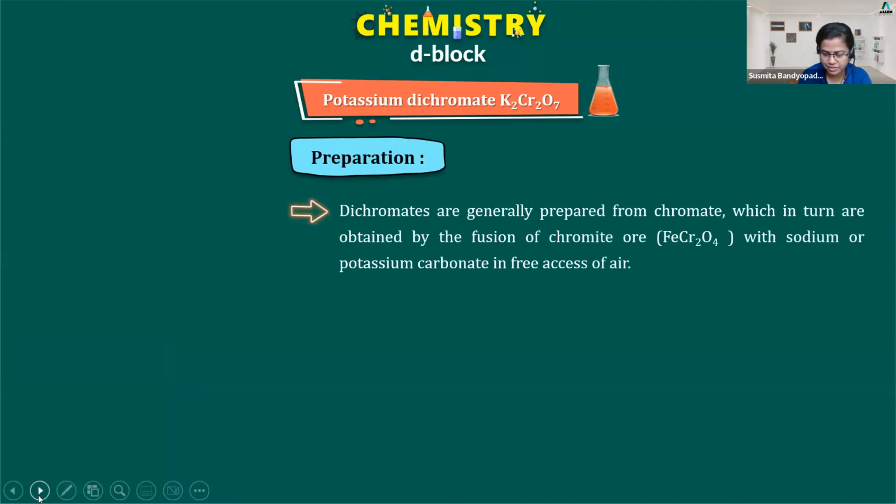So preparation. Dichromates are generally prepared from chromate. And first we should take chromite ore.